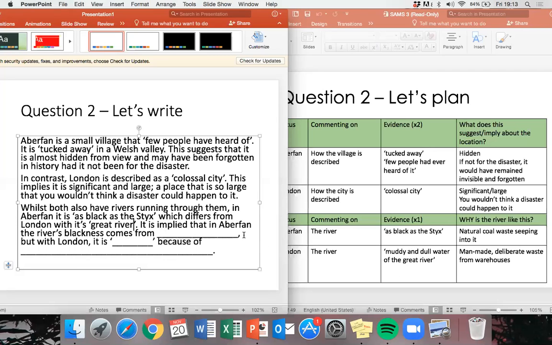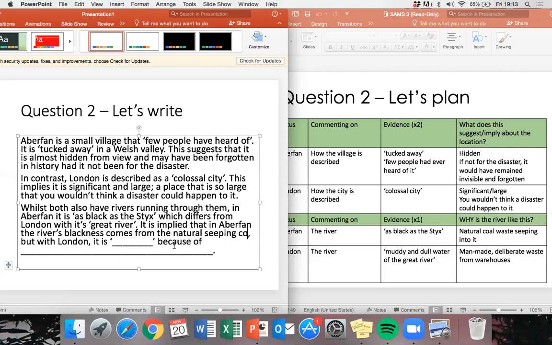Then moving on, we're going to do the inferences for both now. It is implied that in Aberfan, the river's blackness comes from, all right, again, looking over there, to the right hand side, I'm going to put from the natural seeping coal, all right, because that's what's going into the river. We're then going to switch back to London, but with London it is, and I can go back to the quotation here, muddy and dull.